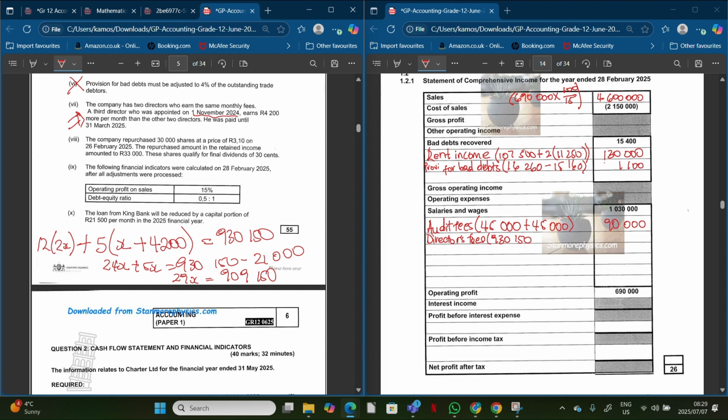Then we're going to divide on both sides by 29. When you divide on both sides by 29, the x value becomes 31,350. But now remember that in that 31,350, this is just the x amount that he gets paid, right?